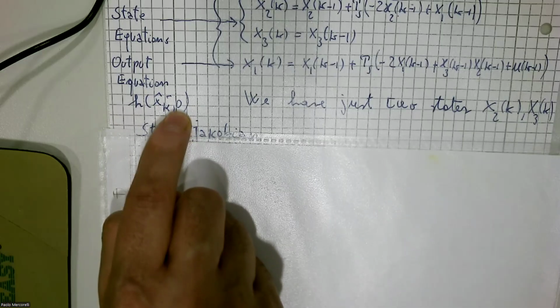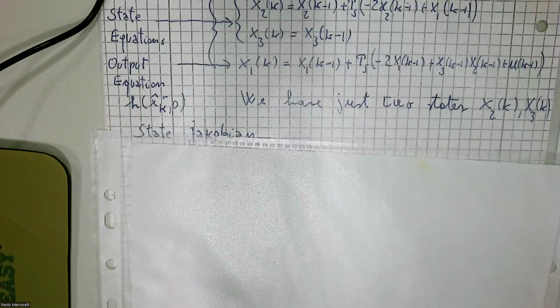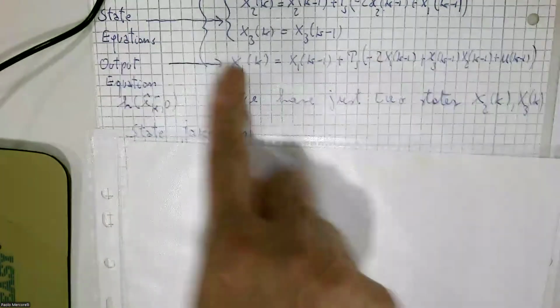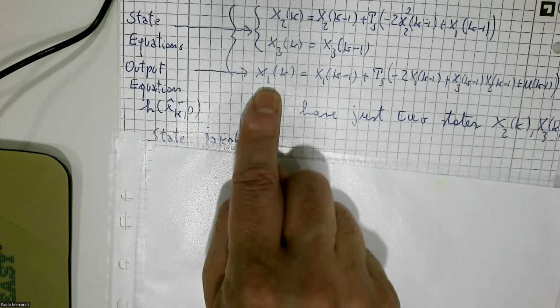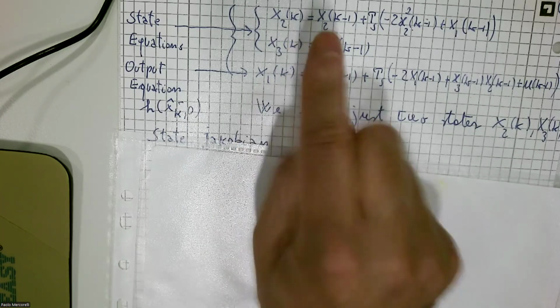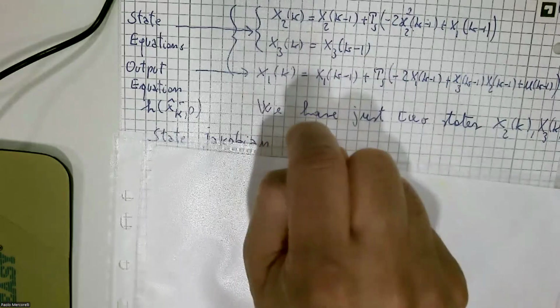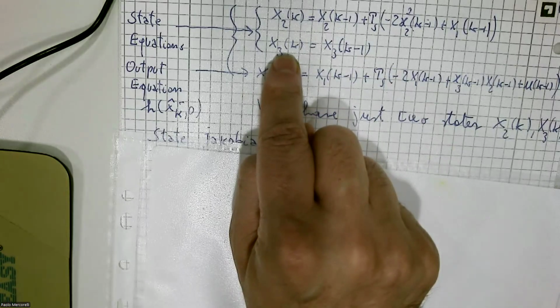Comma 0 means we didn't consider the measurement noise in the model, because the measurement noise plays a role in the algorithm, in the calculations. But of course it's there, and it characterizes the uncertainties on this equation. At this moment, we are considering an output equation x1. But of course, I can also consider two different representations, in which we have x1 and x2 as states and x3 as an output, and x1 and x3 as states and x2 as an output. But let me consider this.